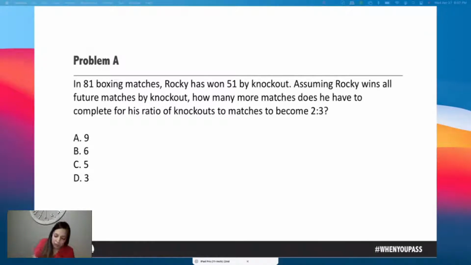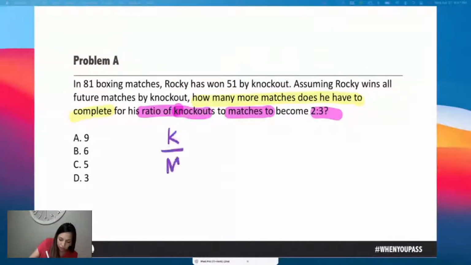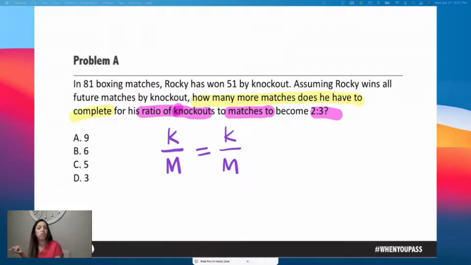They want to know how many more matches he needs to complete for his ratio of knockouts to matches to be 2-3. The ratio they've given us is knockouts to matches, and that's going to need to equal knockouts to matches. So we want the ratio to be 2-3.